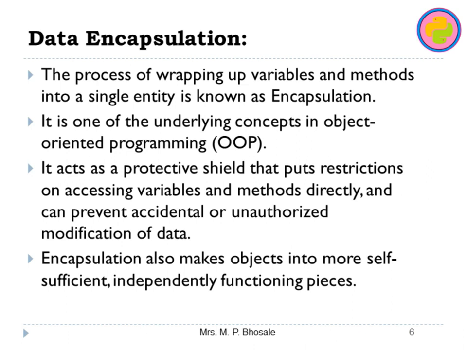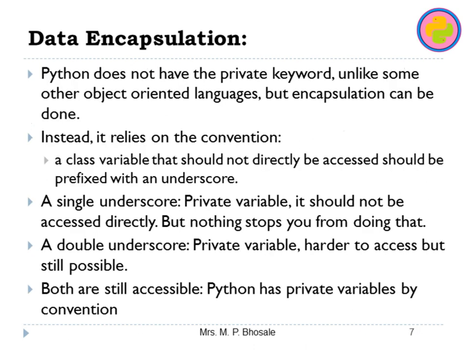So we can prevent the data from accidental or unauthorized modification, and it also makes the object more self-sufficient, with independent functionality. In Python we don't use a private keyword, but we have some symbols. So even in Python we can implement encapsulation.